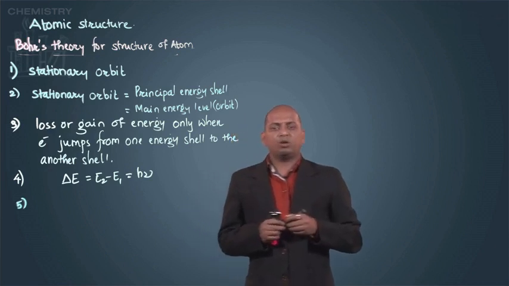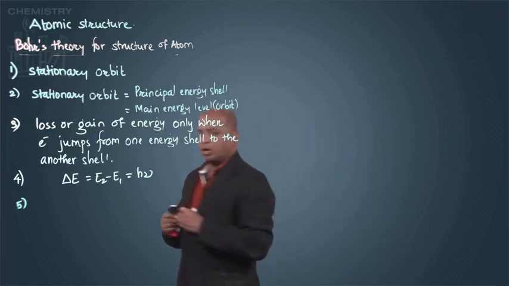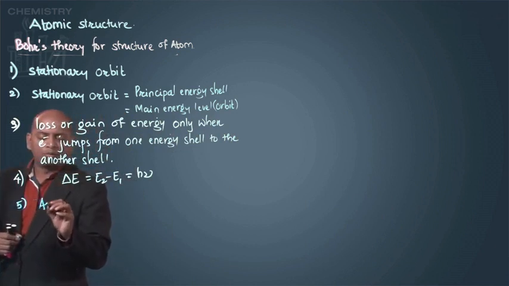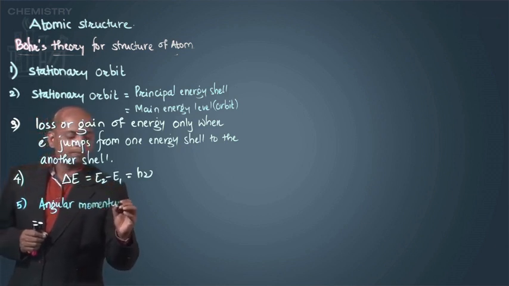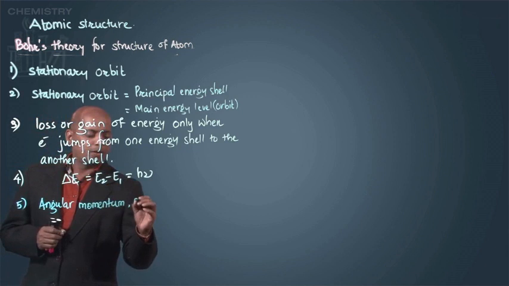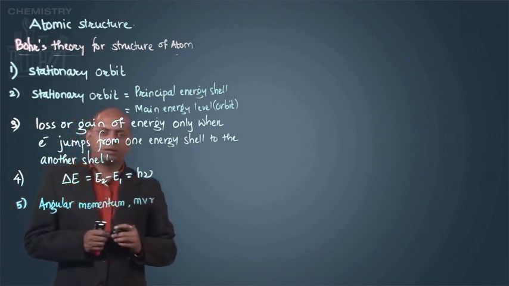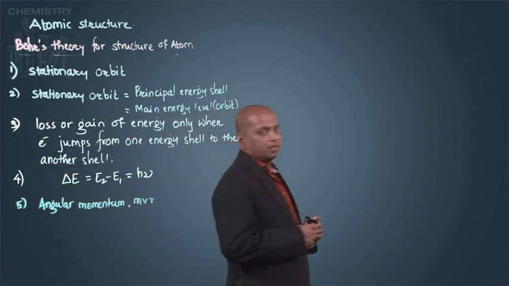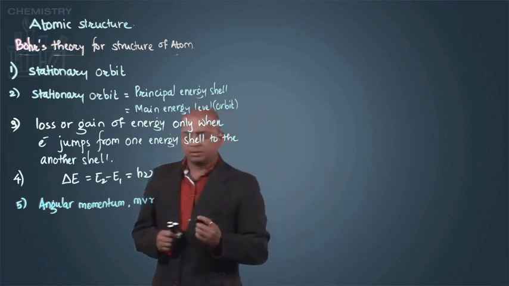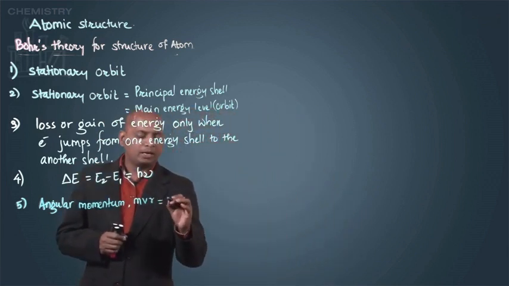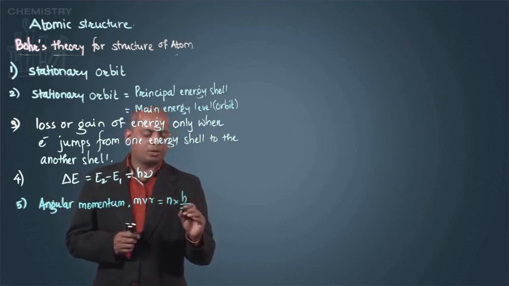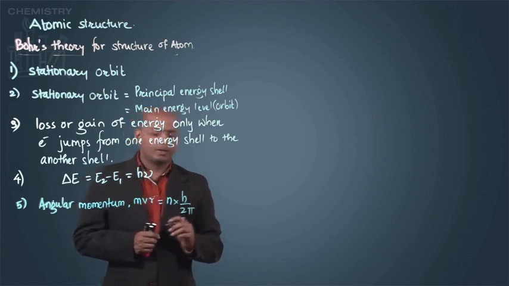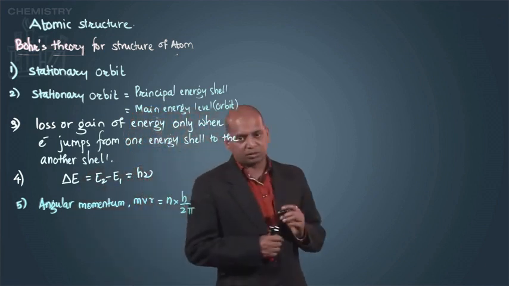This value is derived from Planck's quantum theory. So, according to him, angular momentum mvr, that is mass of the electron, velocity of the electron and radius of the orbit, is equal to n, an integral multiple of h upon 2 pi, where h is Planck's constant.